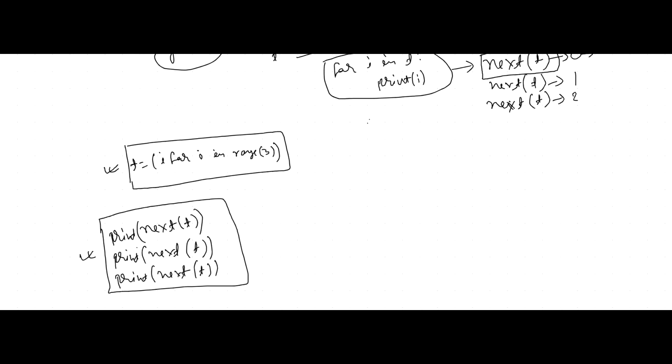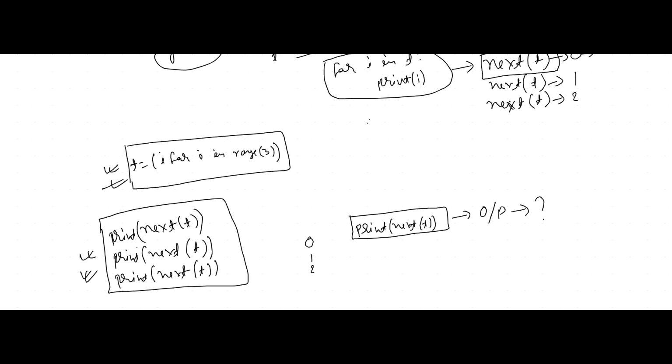Probably you will get 0, 1, and 2. Then in another block again write print next of T and check what output it is giving. Check it and tell me. So first write this code and execute it. In a second block, write print next of T three times.